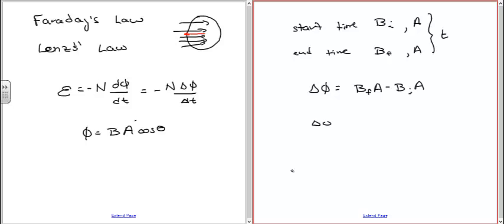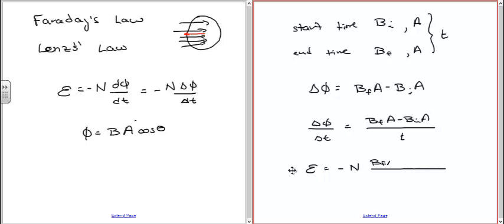So delta phi over delta t is the change in magnetic flux divided by the time it takes to make that change. So that gives you d phi dt, and therefore the voltage, and this is an average voltage generated during that time period. It's just going to be the negative times the number of loops in the problem description times the final magnetic field strength times the area minus the initial magnetic field strength times the area, over t.